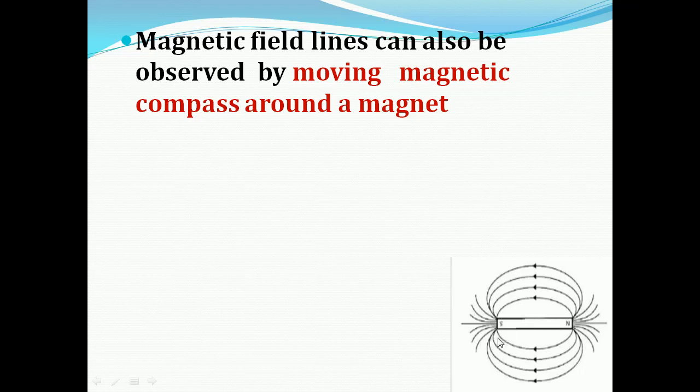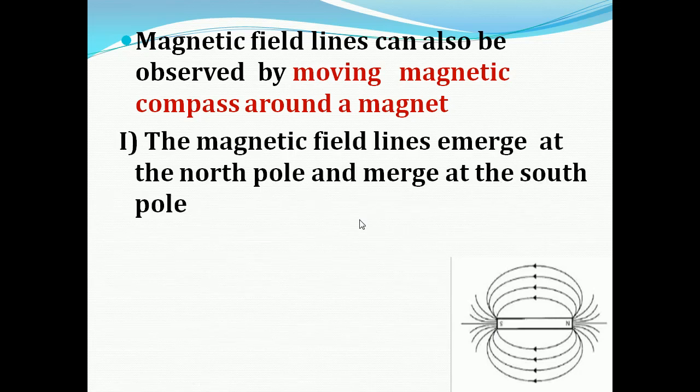It is the way around the magnet through which the compass tends to move from north to south. Here you can see the magnetic field lines.